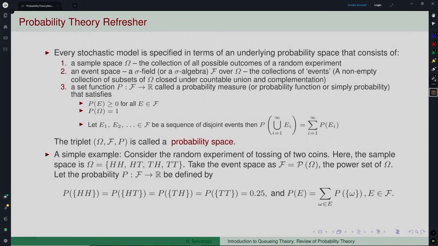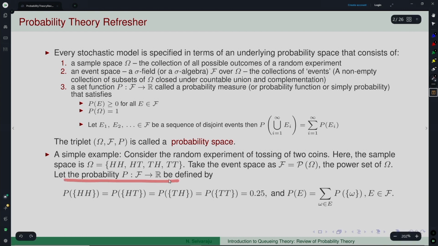Now, as a simple example, you can look at the tossing of two coins. So the sample space would be this, as you all know, and you can take any event space satisfying the condition that is given above. So, we take this to be our F, which is normally taken in case omega is finite or countable, which is nothing but the power set of omega, meaning the set of all possible subsets of omega.